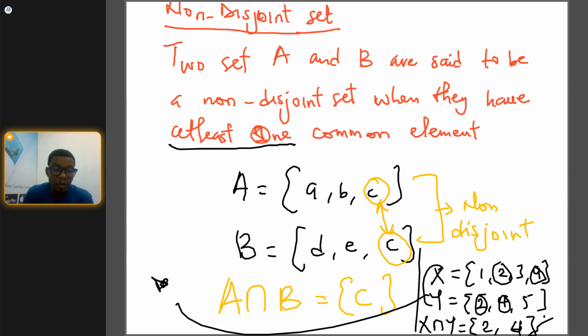X and Y are considered to be non-disjoint, because they have some elements in common. Okay, I believe that is clear. So can we proceed?